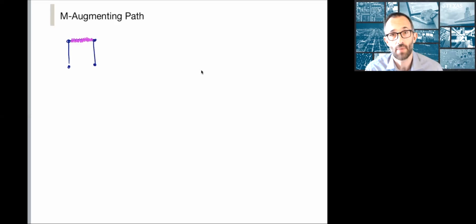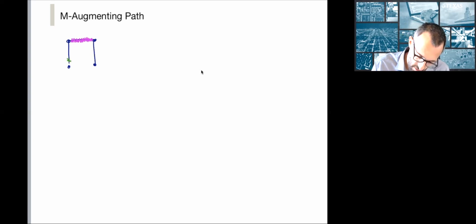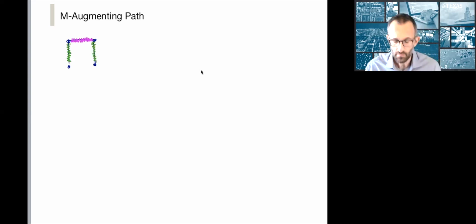You can see that it's a maximal matching because there's no edge I can add to it in order to increase it. But it is not maximum, because choosing a different color, these two edges form a maximal and maximum size matching for this very simple graph.